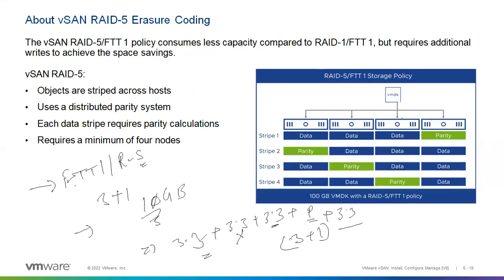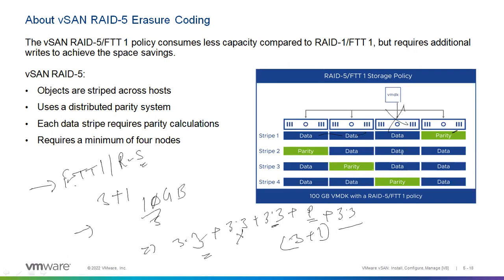If I say this node fails, if this third node fails, is my data protected? Am I still able to access my data? The answer is yes, because along with this and this, the parity will generate your data.